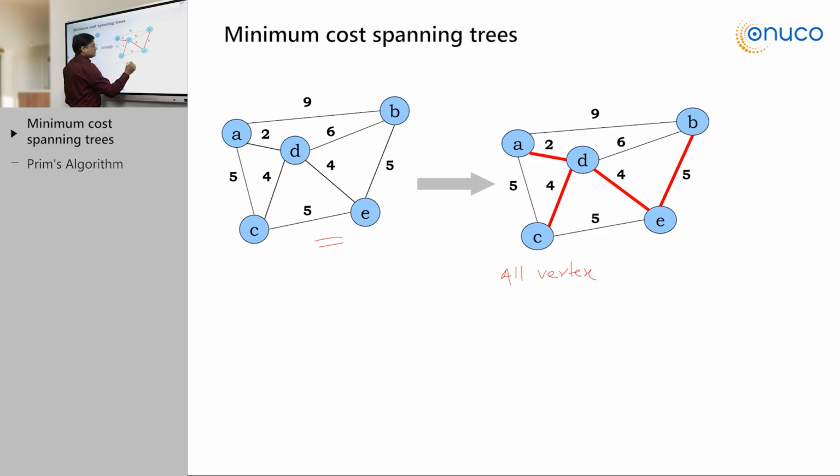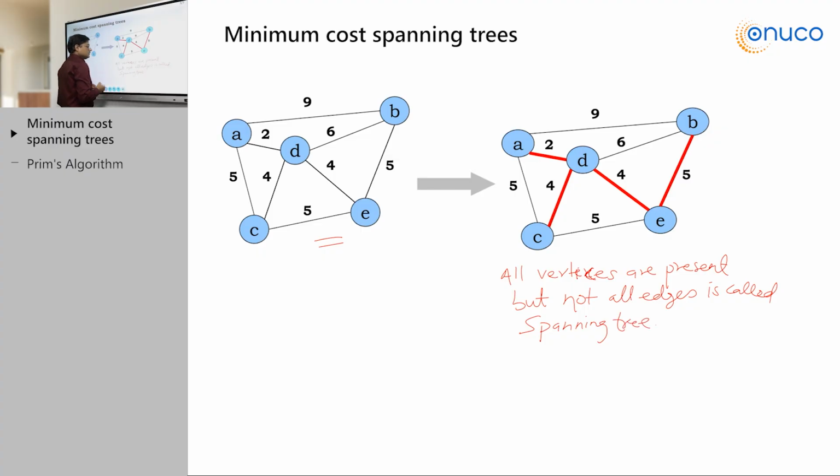All vertices are present but not all edges is called a spanning graph. When all the vertices are present but not all the edges, it is called a spanning graph.